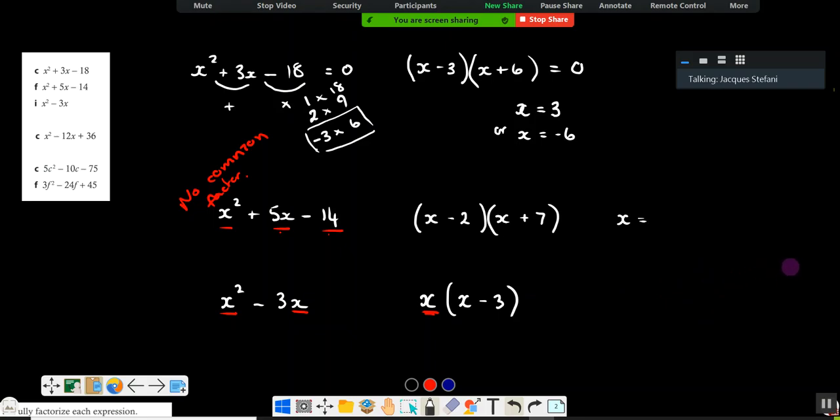One would be 2 over negative 7. Okay. Someone else? Come on, guys. Well, no. One of them would be 3, yeah. Why 3 and not negative 3?